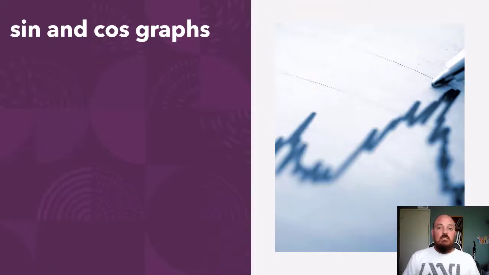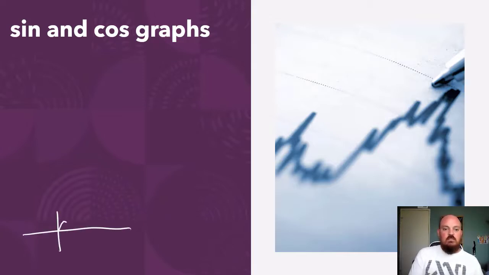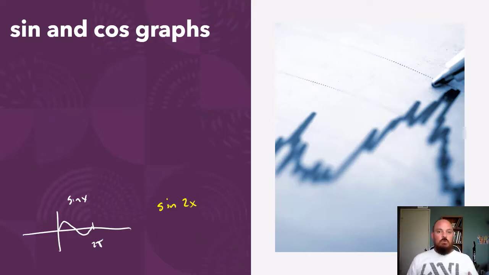All right, so basically from Desmos, what we figured out is that multiplying by x changes the period, but it's kind of backwards from what you might expect. Like for example, if this is one period of sine x, let's say that's 2 pi right there, and this is sine x. If I did sine of 2x, without knowing the rule, your guess might be, okay, we're multiplying by 2, it's going to make it twice as long.